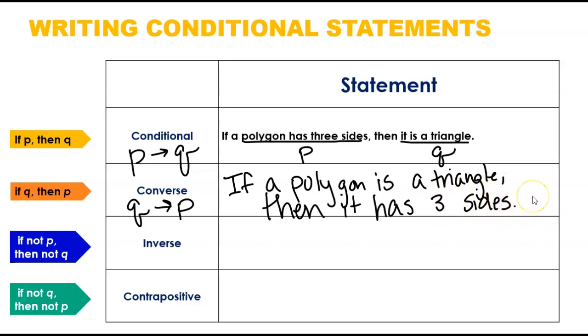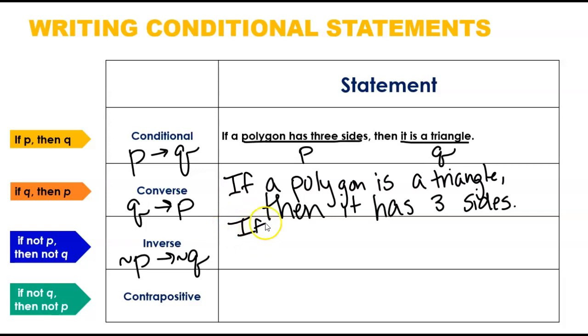Okay, so to do the inverse, remember, we always go back to our original conditional statement, okay? We've written that converse statement, but to do our inverse, we're going to go back to the conditional. So the conditional statement says, if a polygon has 3 sides, then it is a triangle. So remember, for inverse, we leave it with P, Q, but we're going to negate both of them.